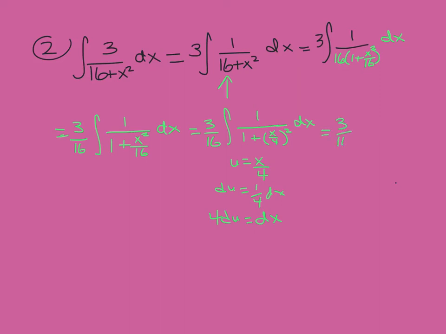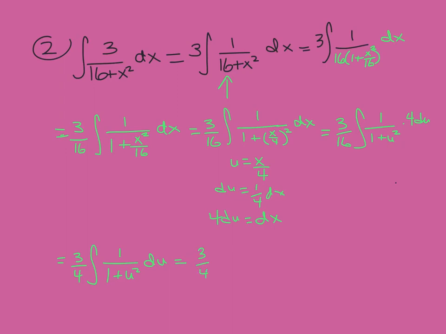So then now I can rewrite this. The 3/16 is still going to stay up front. I get 1/1 plus u squared times 4 du. And if I simplify that out, I end up getting 3/4 in front of my integral. The 4 and the 16 can simplify out. Over times the integral of 1/1 plus u squared du.